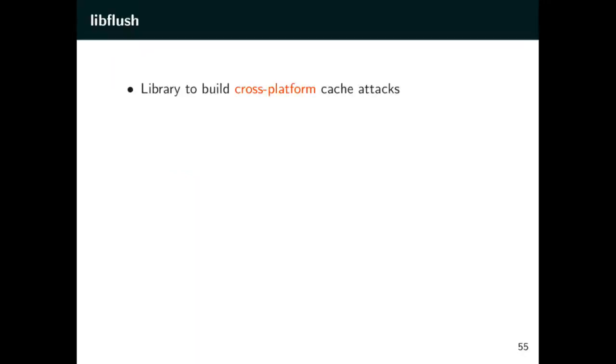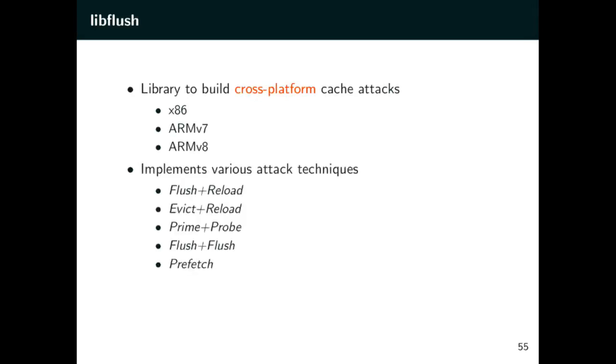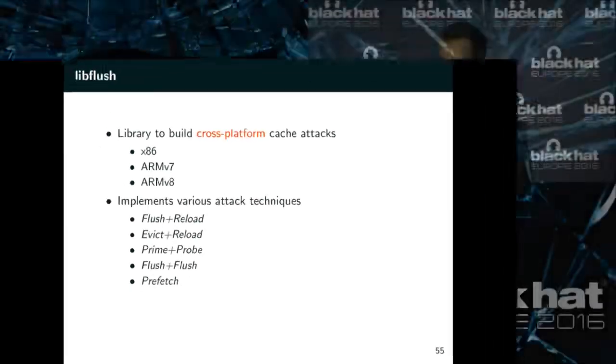So last but not least, we want to show you the tools that we have developed to mount such cache attacks. The first thing we did, we built a library to build cross-platform cache attacks. You can write your attack code once and execute it on x86, ARMv7, and ARMv8. It implements various attack techniques, some of which we've shown you previously.